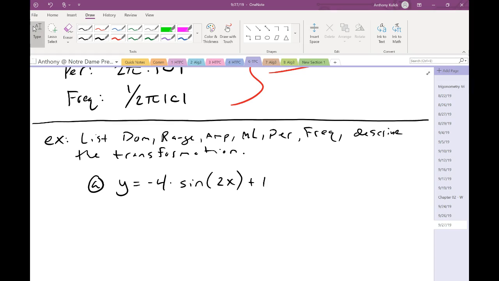The first thing that I'm going to want to do in one of these kinds of problems is rewrite this equation so that it looks like that general sinusoid form up above.